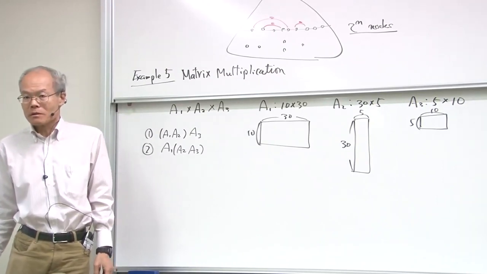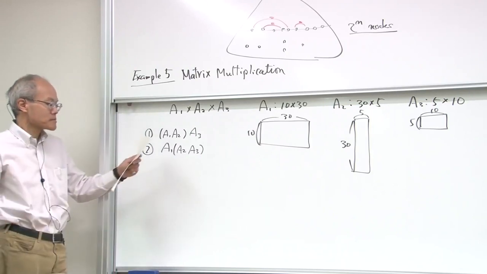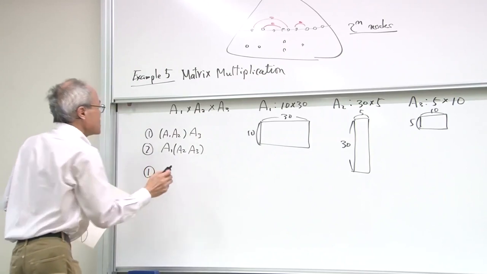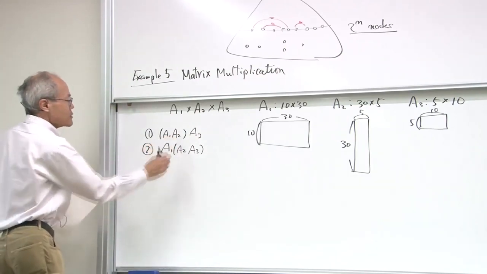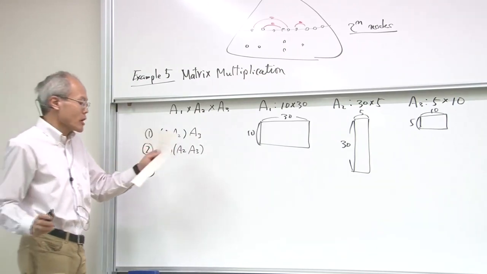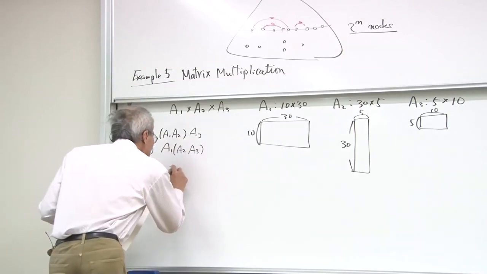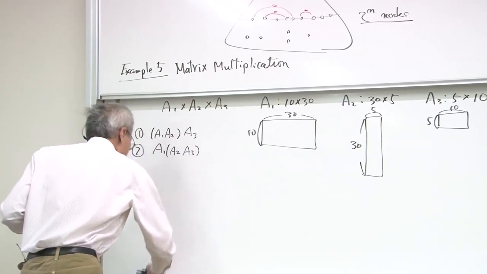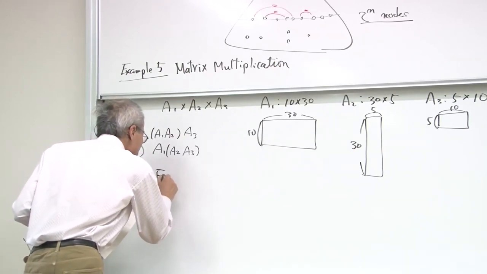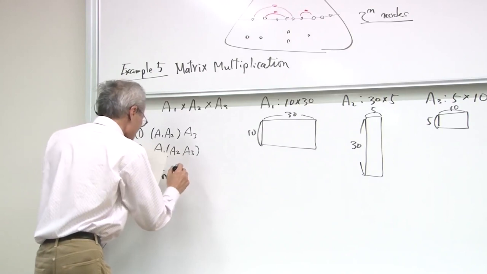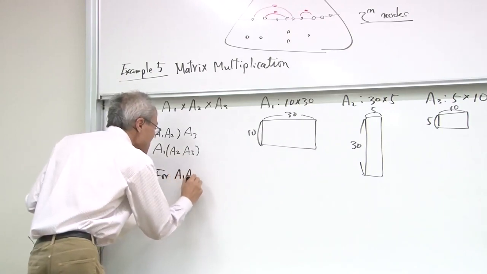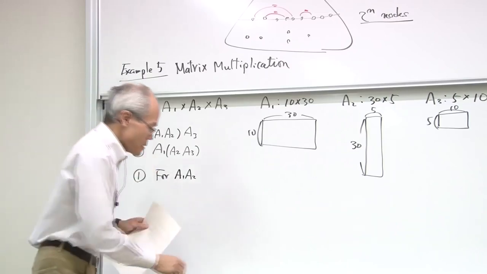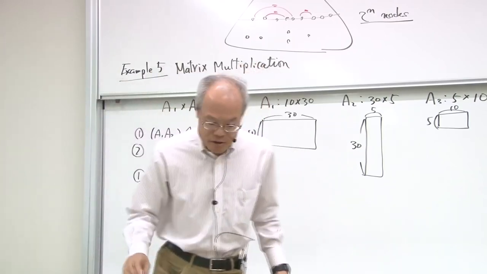I'll show you the two cases. Number one, what about multiplying A1 and A2 first, then A3? For the first multiplication, just remember matrix multiplication.